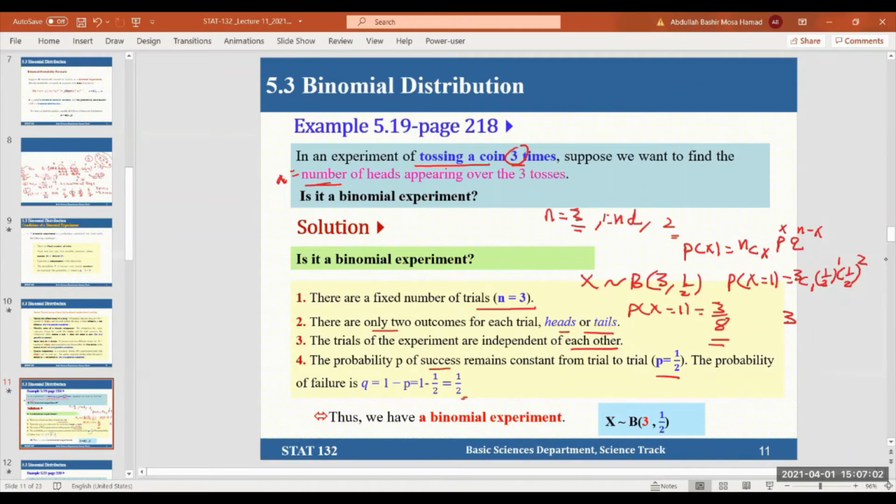Half power 1 times half power 2 is half power 3, and half power 3 is 1/8. So it is 3/8, same as before.